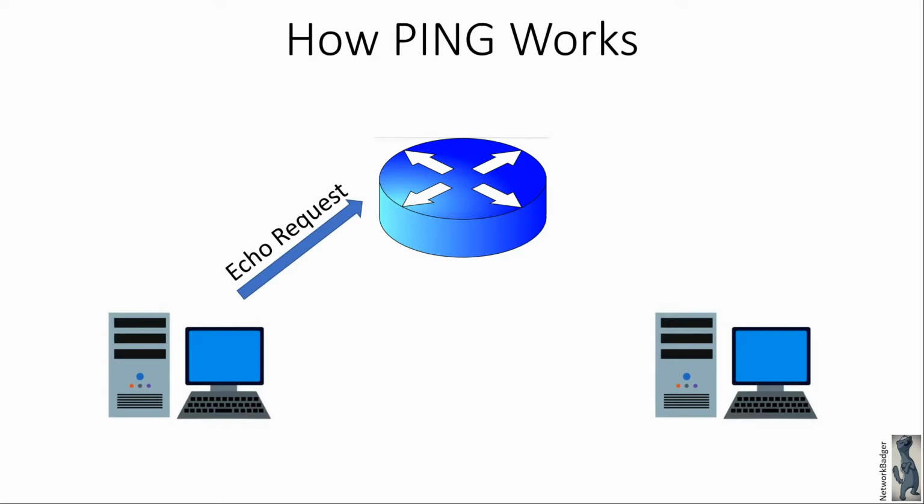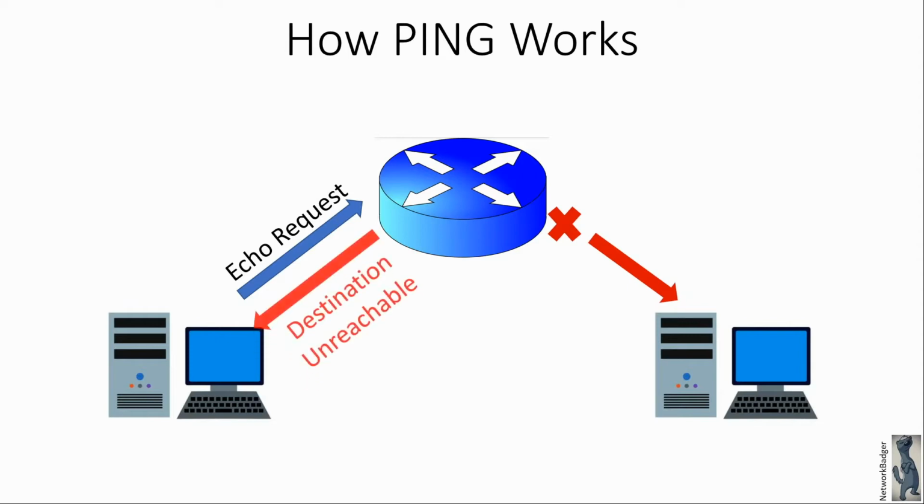This router is directly connected to the PC on the right, but there's something broken. So this router knows that in order to reach the PC on the right, it would have to send out the packet out of the interface on the right, but that interface happens to be down. So the router knows that the only way to get to the computer is unusable. The router knows that for sure because the computer is directly connected to the router.